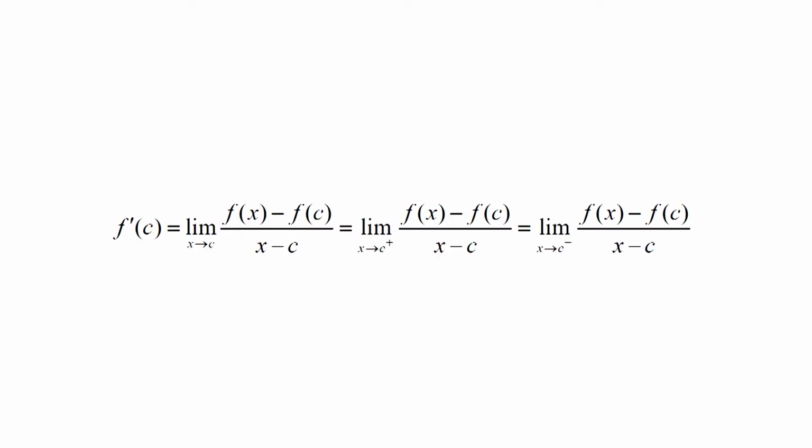Hence, f dash of c is equal to limit x going to c of f of x minus f of c upon x minus c, which is equal to limit x going to c plus of f of x minus f of c upon x minus c, which is equal to limit x going to c minus of f of x minus f of c upon x minus c.